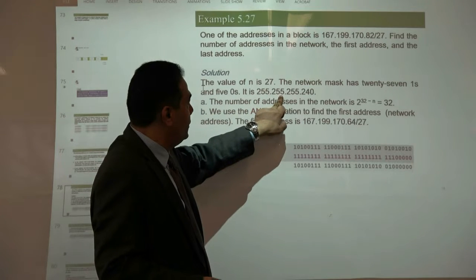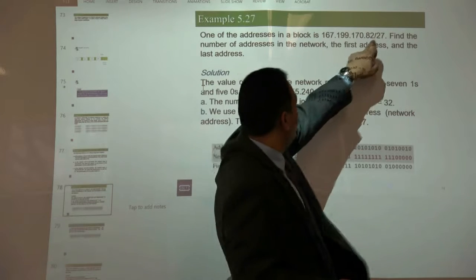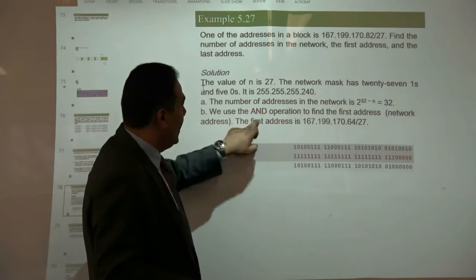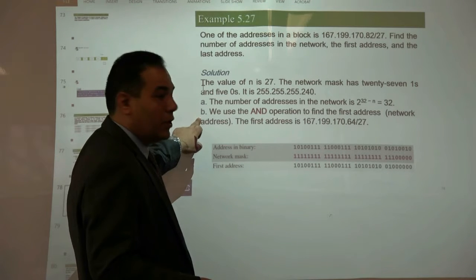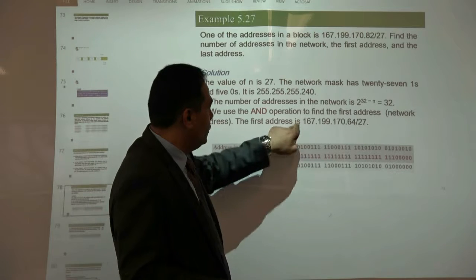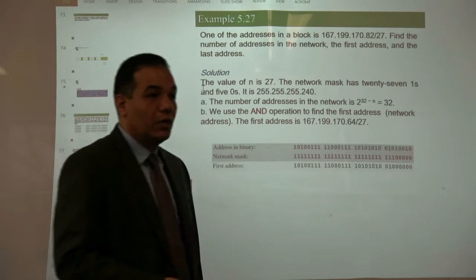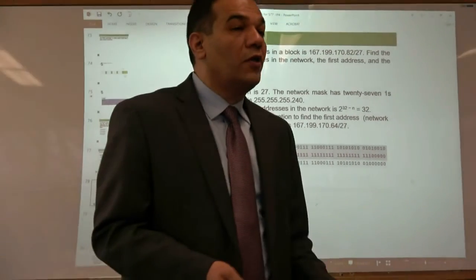So this will be the network mask. From the 27, you can calculate the subnet mask. So we use the AND operation to find the network address. You add it together and you get the first address of the network. It's very important to know the network address.